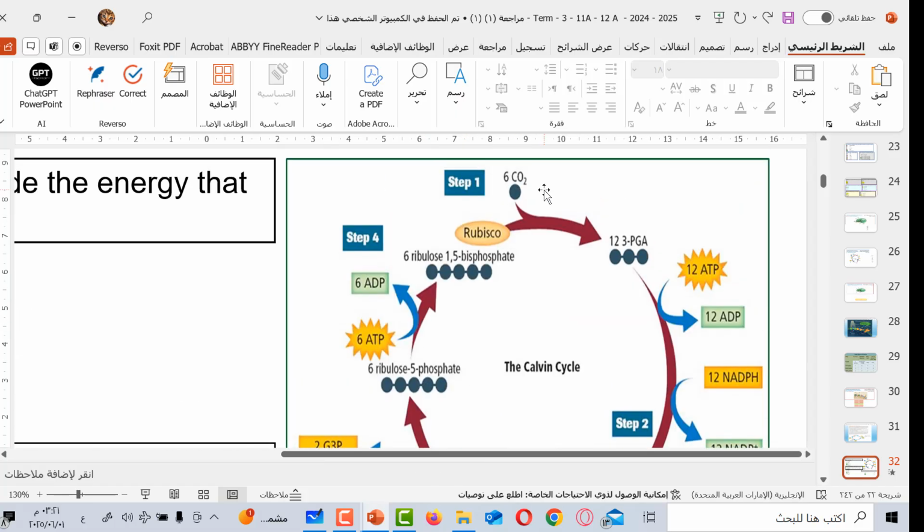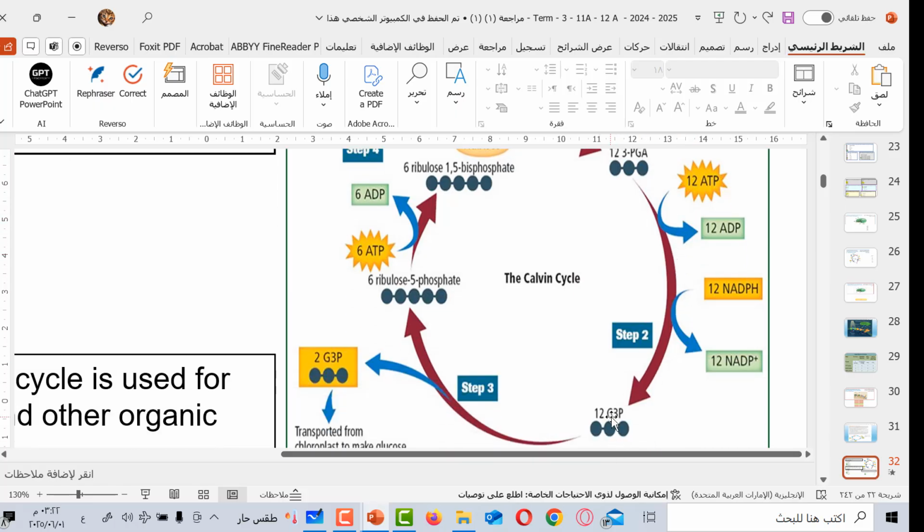Here, 6 CO2 is combined with 6 RuBP, and every one will divide into 2 molecules, so that after adding the CO2, C, we add C to every one of the 6, and every one of the 6 molecules is divided into 2, so it will be 12, but 12 of 3PGA, not G3P.